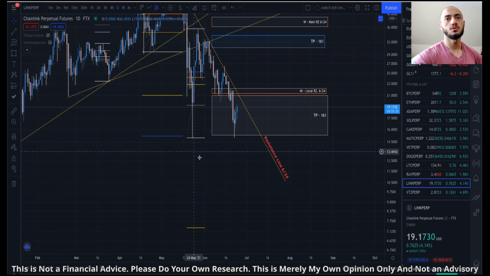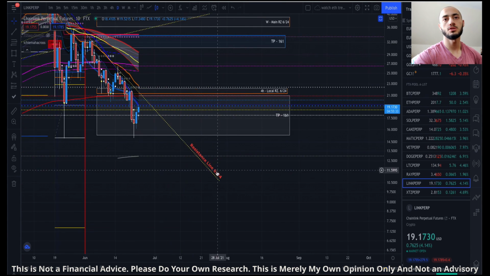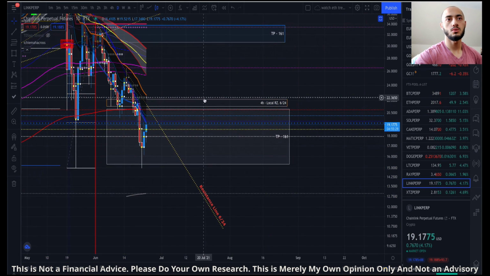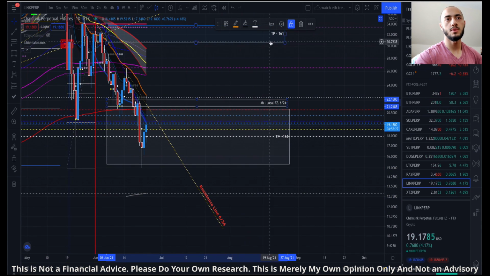We can double check with the exponential moving average. So I see here on the daily, this is my daily 21 EMA right here. First resistance.